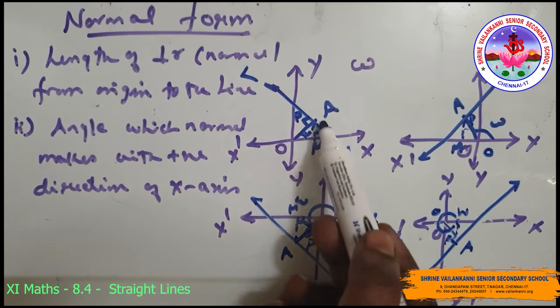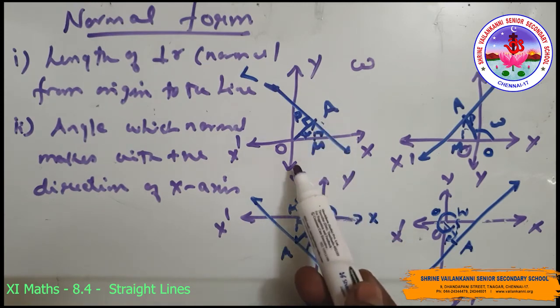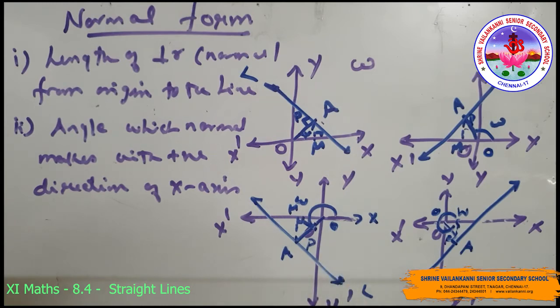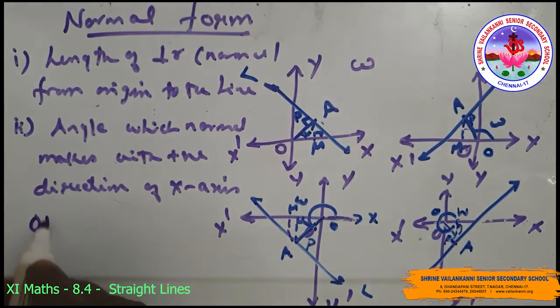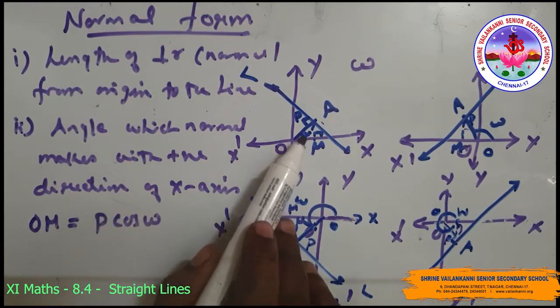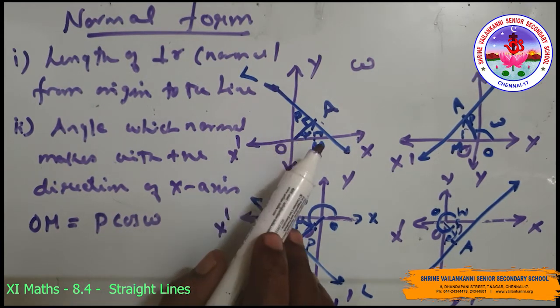Draw perpendicular AM on the x-axis in each case. Here we have OM equal to p into cos omega. Using Pythagoras theorem, adjacent by hypotenuse is cos omega.